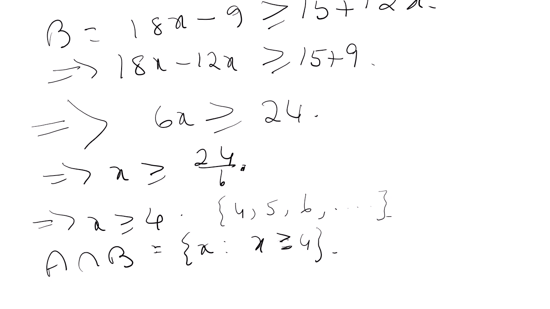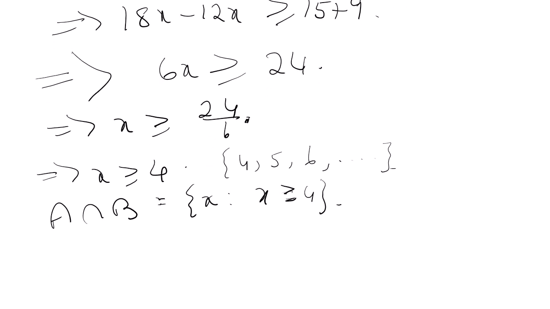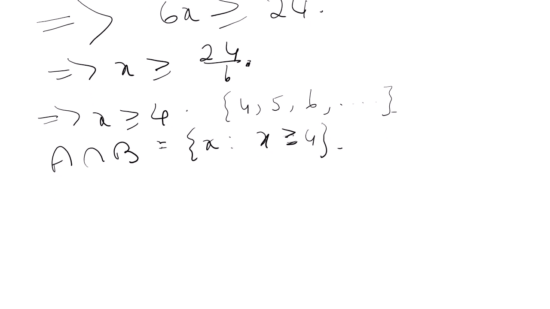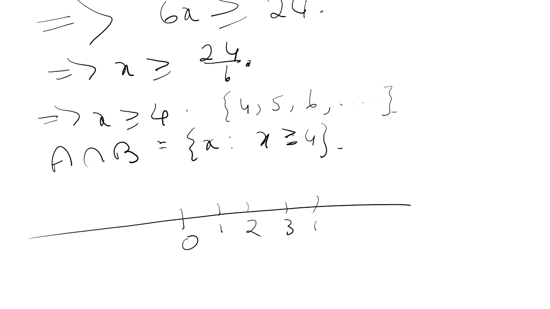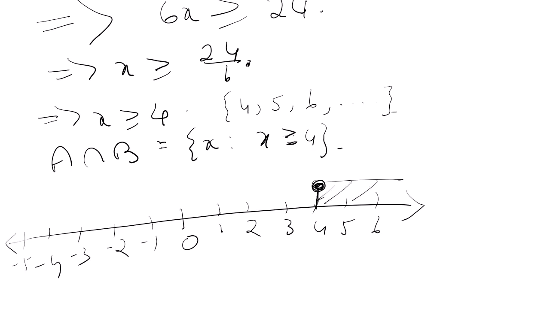So from 4 onwards all the numbers are common. Therefore A intersection B will be such that x is greater than or equal to 4. It is an infinite set, so it will continue.